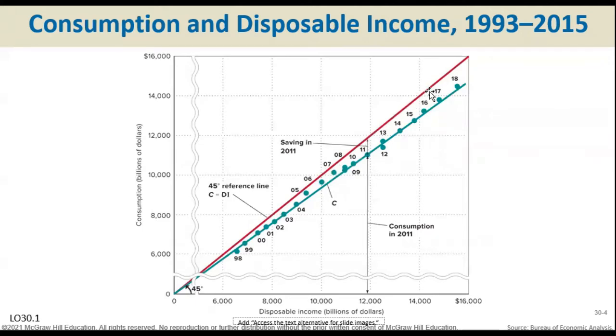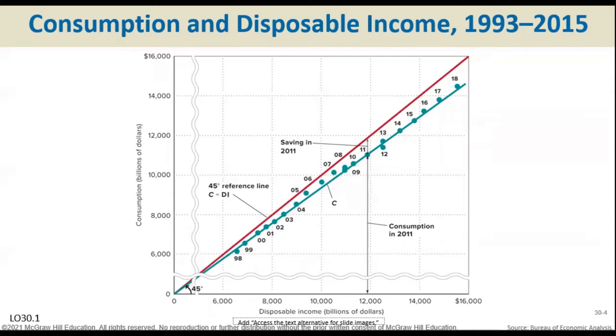Okay, I alluded to the 45-degree line, which is a line that cuts the graph in half, right? It represents all the points where consumer spending is equal to the disposable income. Another way to say it is your consumption is equal to your disposable income.